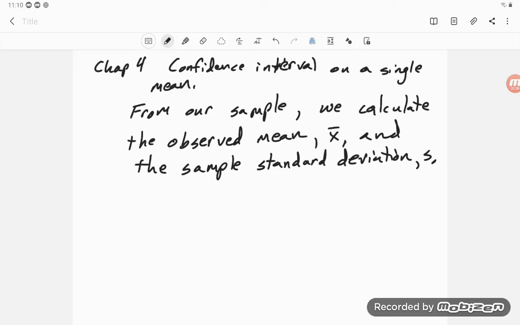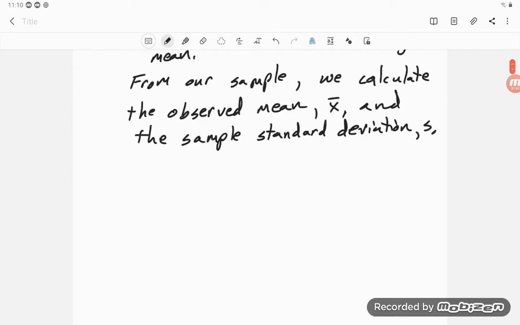And so we do that, and then we're going to make an estimate based on a hypothesized distribution. That estimate, we're going to center it at x bar. That's the best point estimate we have, x bar, the sample mean.